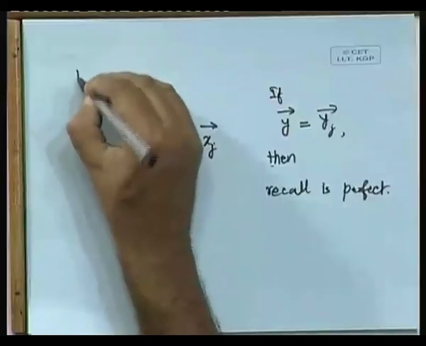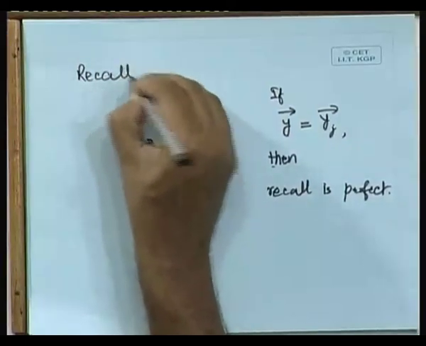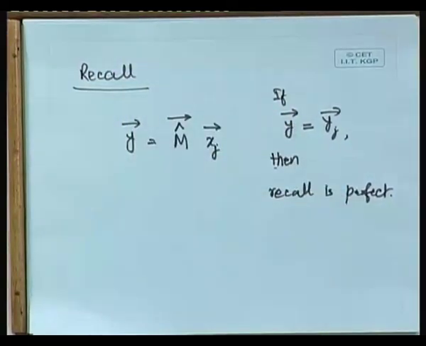So that's what we would like to investigate now, whether our recall is going to be perfect or not. So we are going to study the recall aspect. Now let us see whether it is so or not, and if not, then what is the condition that we have to fulfill for perfect association.